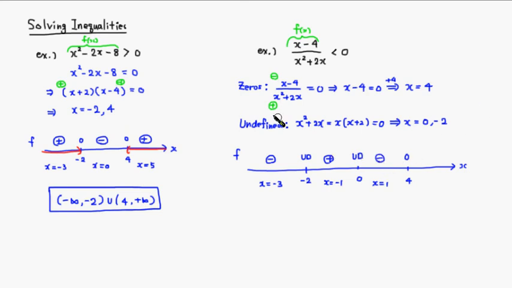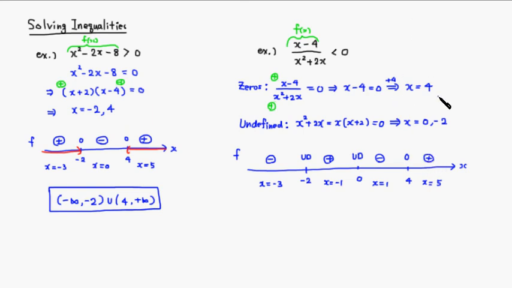And how about anything bigger than 4? For example, x equals 5 or something like that. 5 minus 4 is positive. 5 squared plus 2 times 5 is definitely positive. Positive divided by positive is still positive.